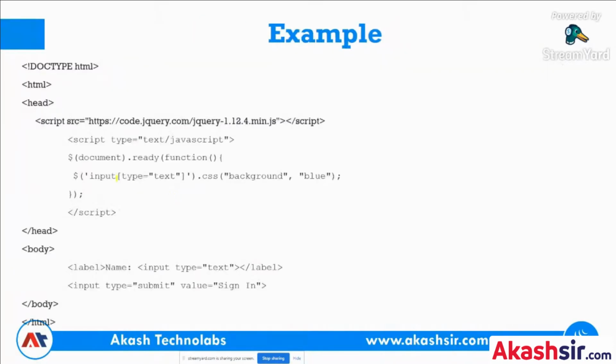So here you can see again input type is equal to text, and then the color will be applied blue. For an example, if you are using input type password, this attribute will not apply a blue color in your text box. So whenever your type equals text, your background color will be changed to blue. Okay. So again, the same property, but different selectors, right?